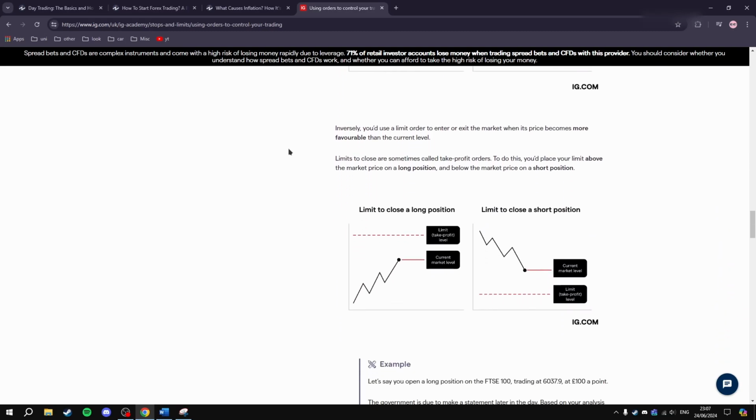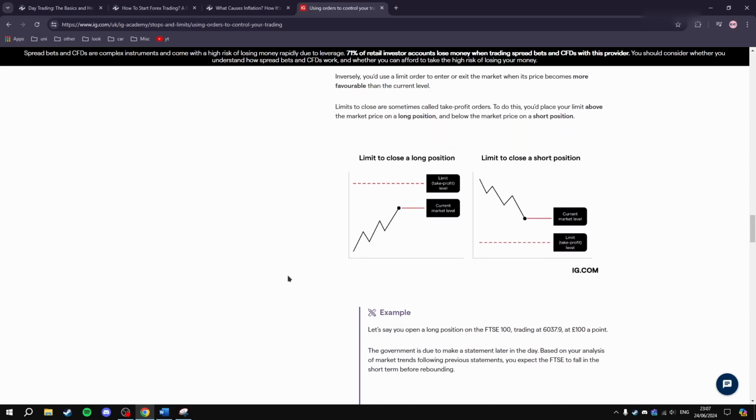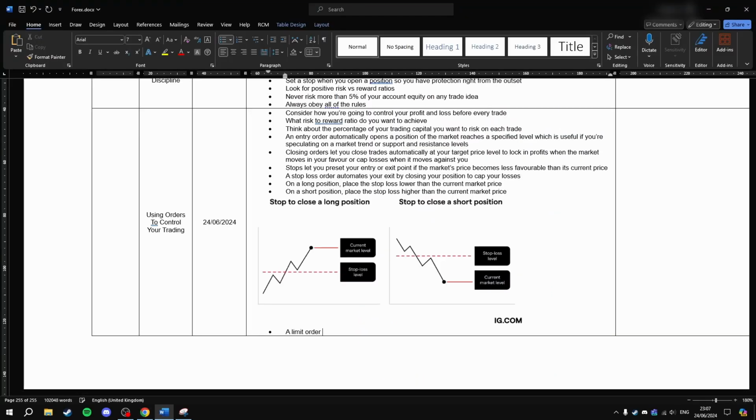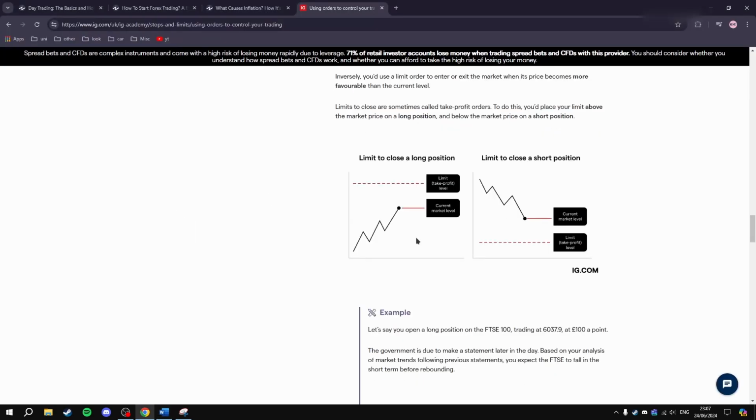Inversely, use a limit order to enter or exit the market when its price becomes more favorable than the current levels. Limits to close are sometimes called take profit orders.